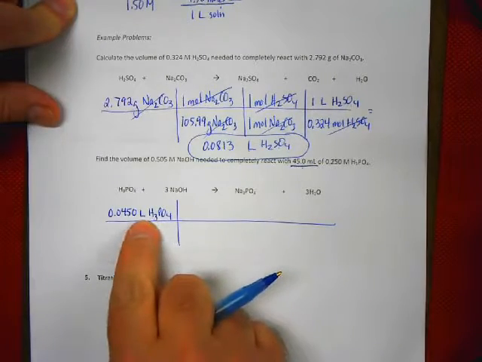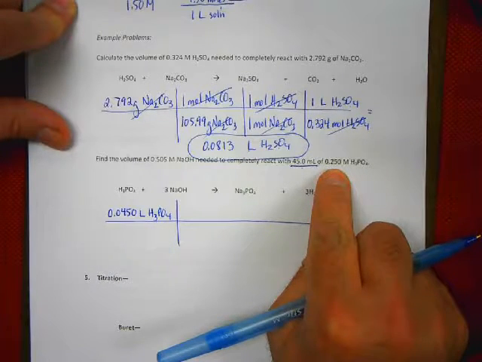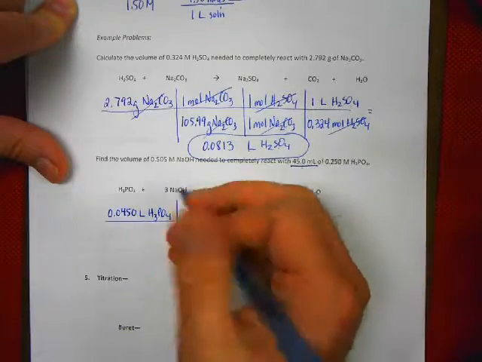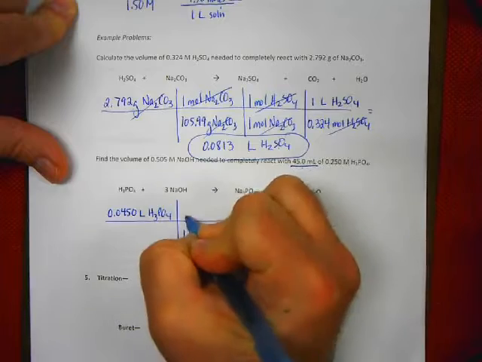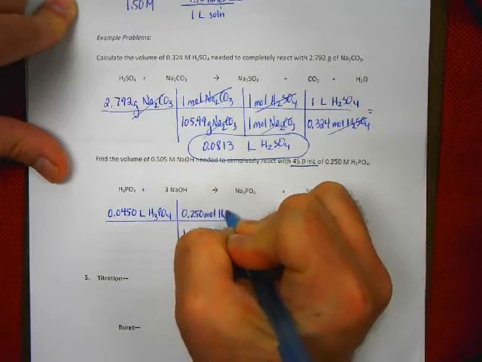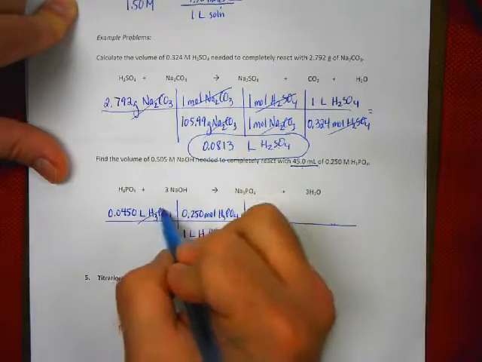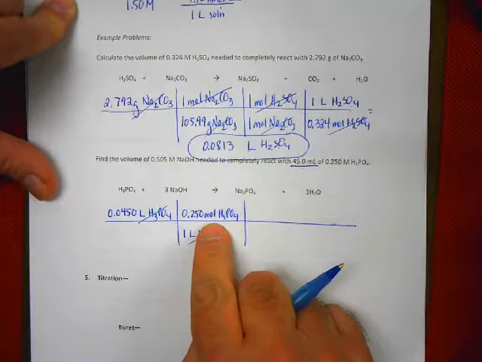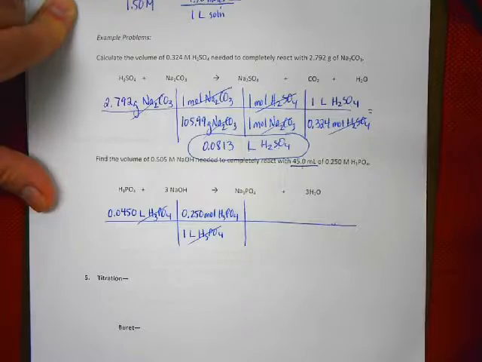Since I have liters, I want to get rid of liters. Well, the 0.250 molar tells us how many moles we have per 1 liter. So 1 liter of H3PO4 goes in the bottom, and 0.250 moles of that same substance goes on top. Our next step, after we cross out units, once we're in moles, we can go to moles of anything else by using our balanced chemical equation and the coefficients.